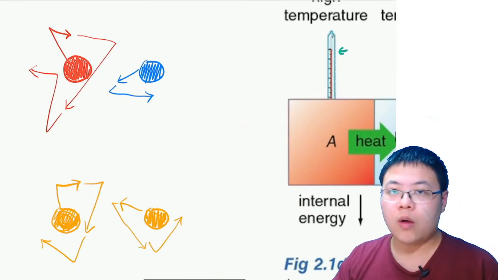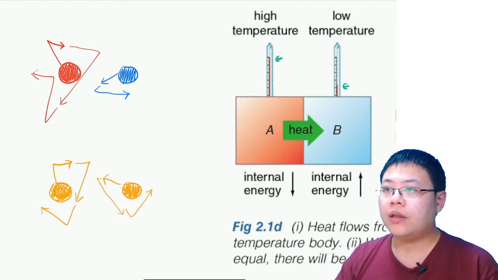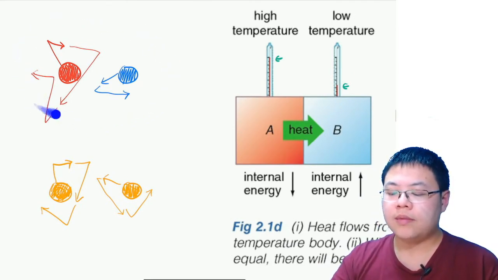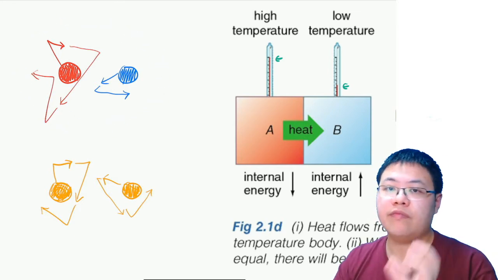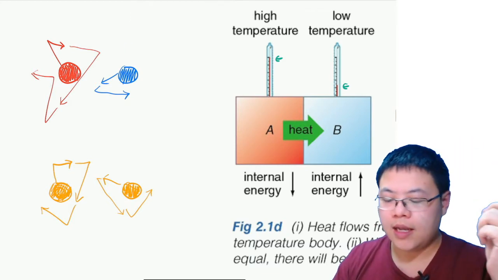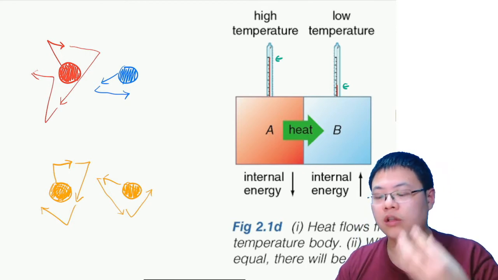We will talk about why it happens. Okay, on the top left hand corner here, you can see, let me use a red circle to indicate a fast moving molecule vibrating at higher speed, and this blue one is moving slower.